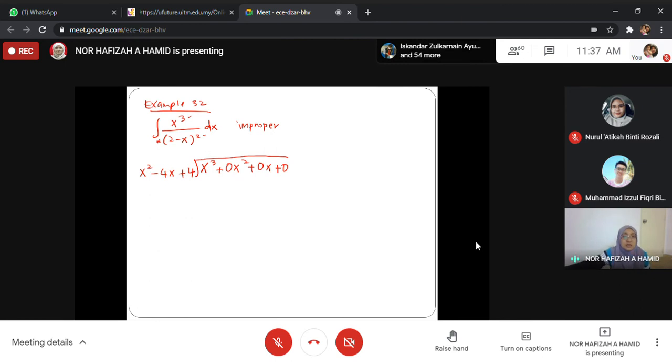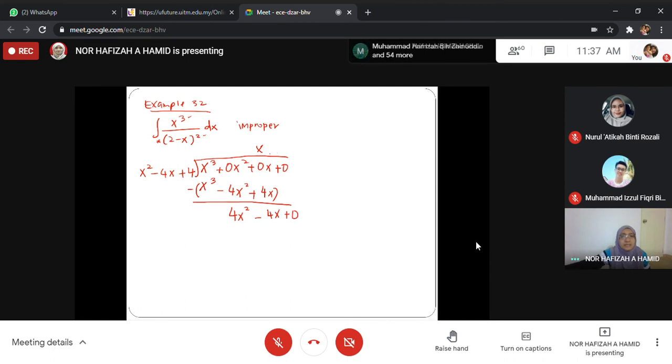So I want to solve using the long division method. You need to multiply by x and then you have x cubed minus 4x squared plus 4x. Then you subtract, so you have 4x squared plus 2 minus 4x plus 0.